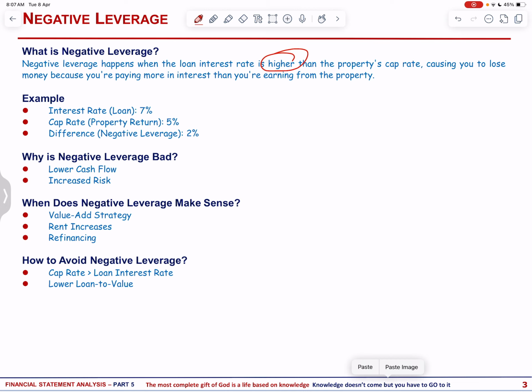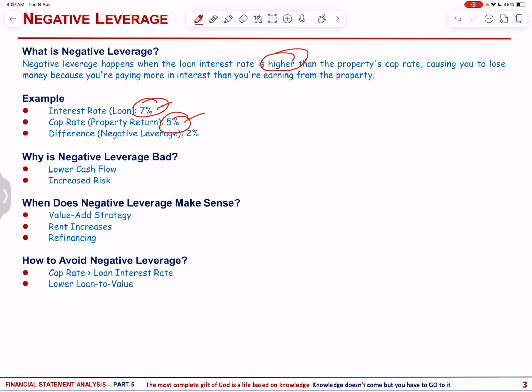So if the loan is say 7% and the cap rate is say 5%, you are paying more in interest on your loan than you are earning from your property's income. This leads to a negative cash flow and hurts your overall return on investment.